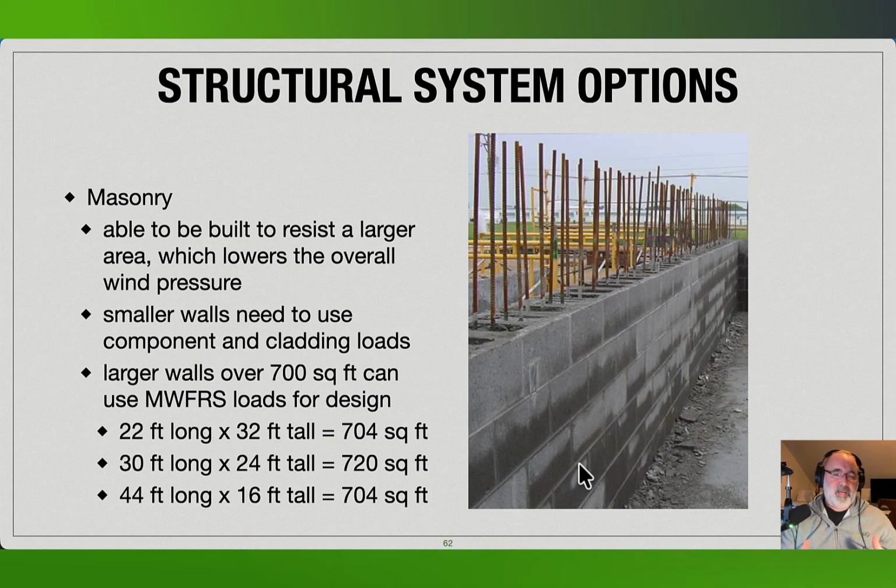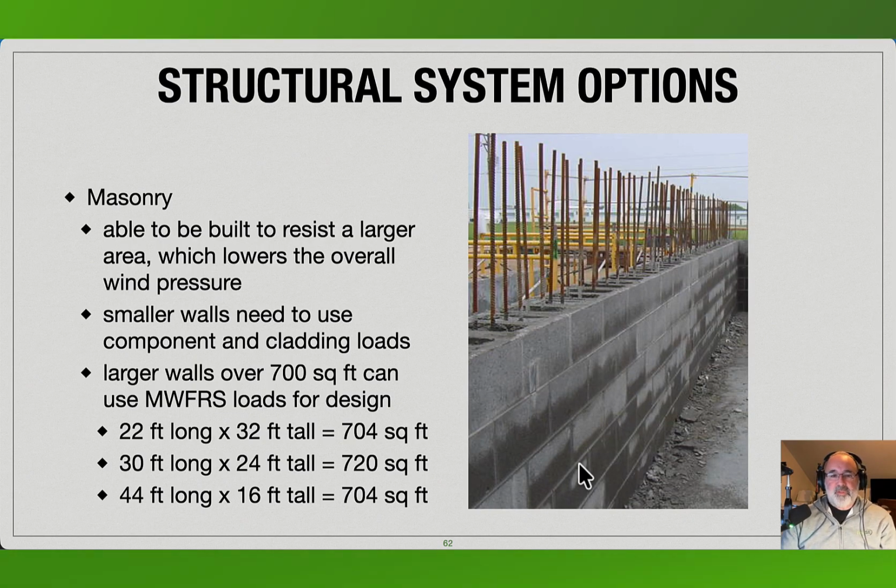So if there are pockets of pressure that are a little bit higher in more concentrated areas, that can be dissipated by the fact that our overall elements are going to be working together in unison as one monolithic element, instead of having a lot of different parts and pieces that might be loaded by some of those higher pressure concentrated loads in certain areas. So designing walls larger than 700 square feet can use main wind force resisting systems.